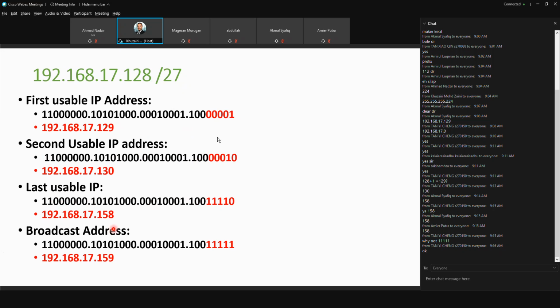All maintain the network. Okay. So you have five binary digits allocated for the host. So that's where you can play around. Okay. Clear? Understand?